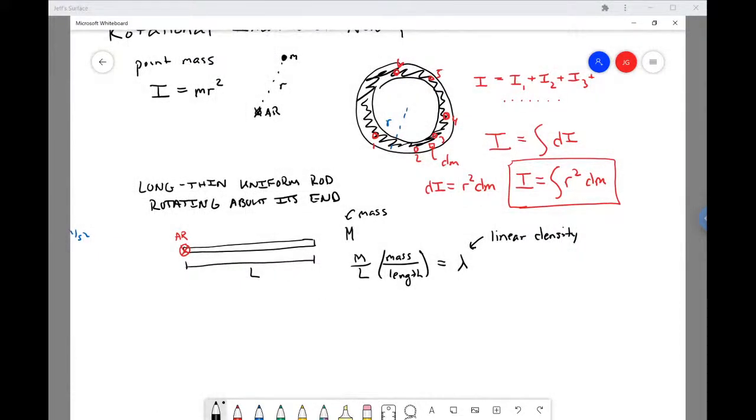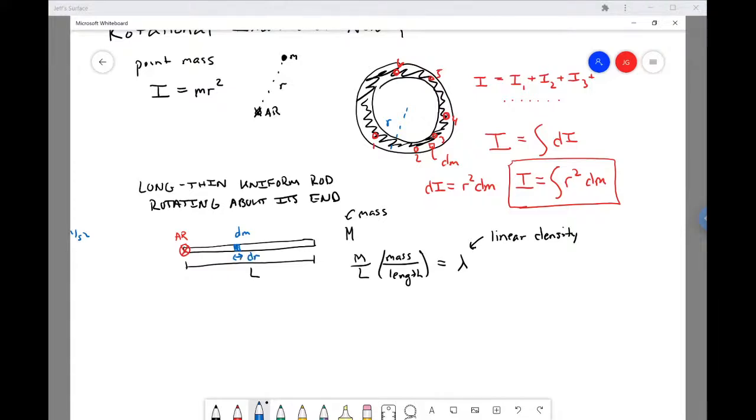Okay, so each of these little teeny chunks of the ruler, of this long uniform rod, has a little mass called dm, and it also has a little tiny length. I used L here, but I'm going to use r, and you'll see why.